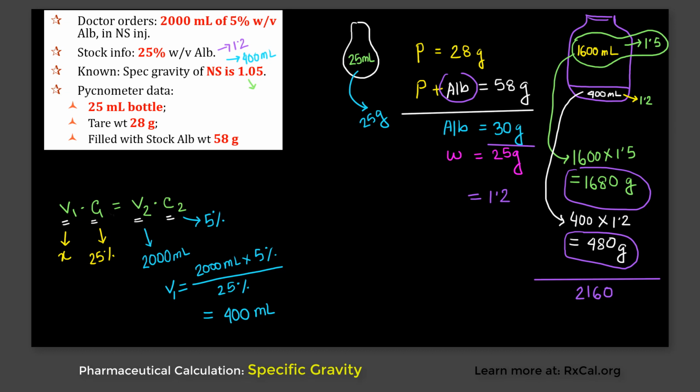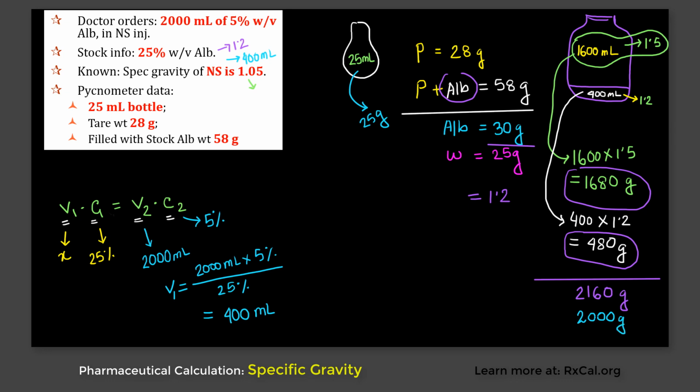2160 grams. Now the last part of the question wants us to determine the specific gravity of the entire preparation. So again, the specific gravity should be defined by the weight of the substance divided by the weight of water occupied by that volume. So the weight of water having the volume of 2000 ml is going to be 2000 grams.